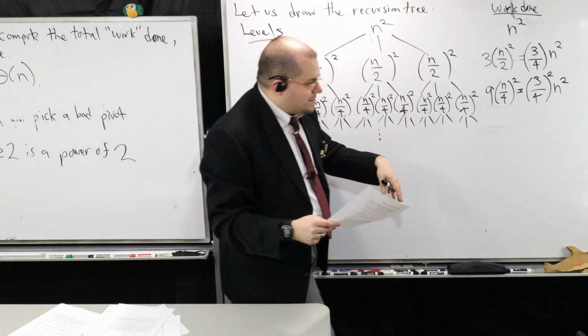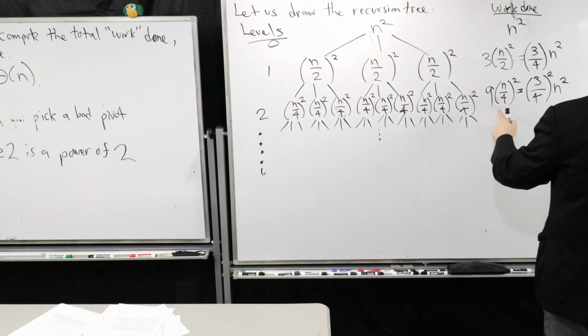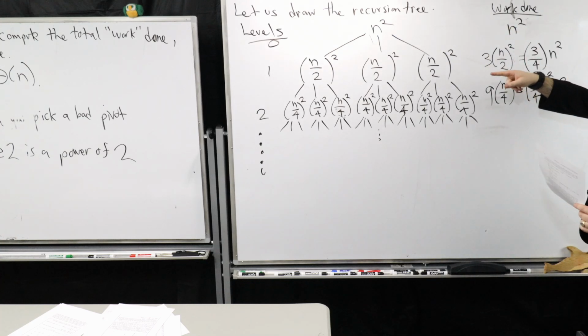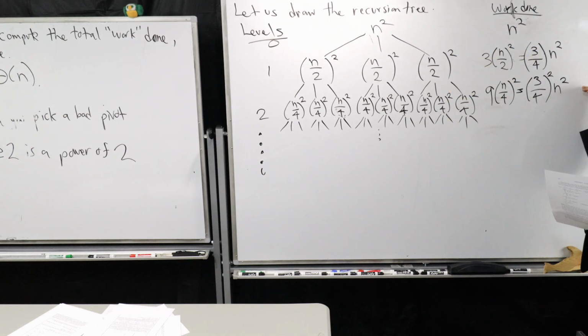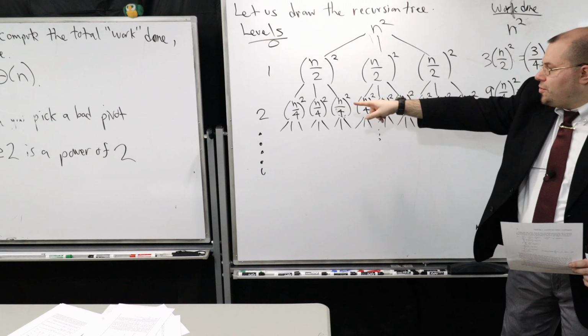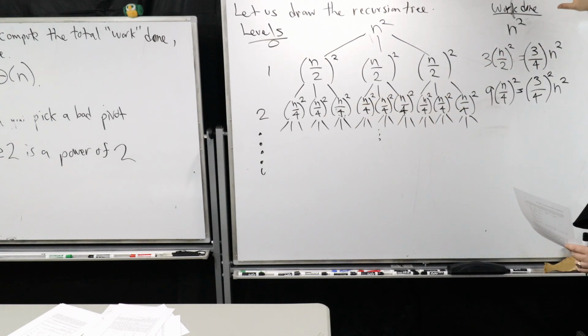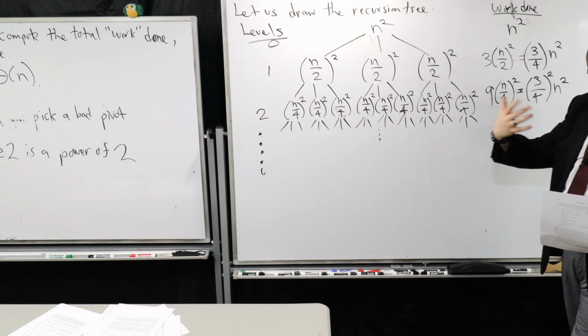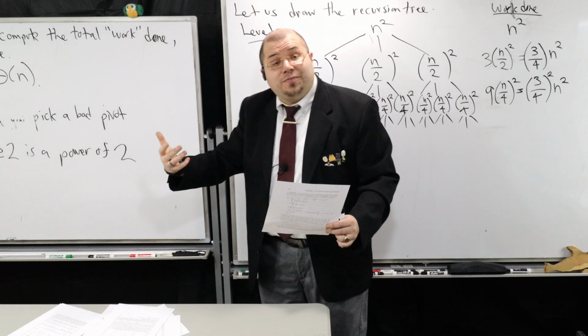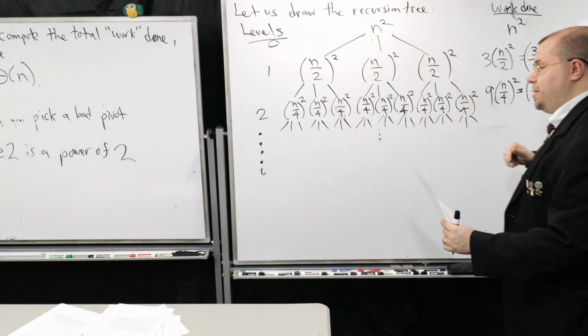So I go through this process, but notice that if I look at each of the levels, this is what I want you to notice. I'm going to try to figure out a general form for the amount of non-recursive work happening at each level. Remember, I'm summing over each one of these, and the goal is to figure out what's happening at an arbitrary level. So if I sum over all of the levels, I can figure out the total amount of operations that happen for the algorithm, and I come up with a general form.